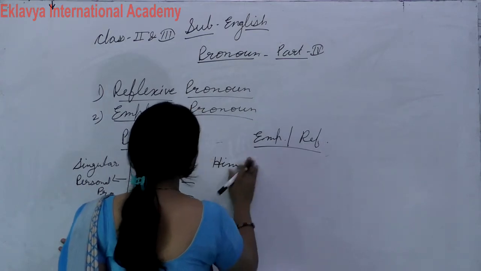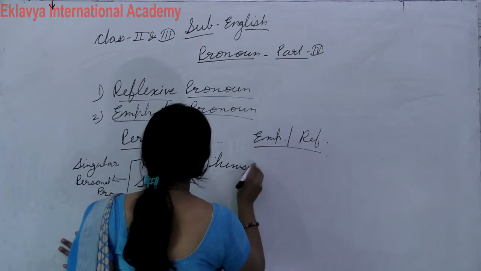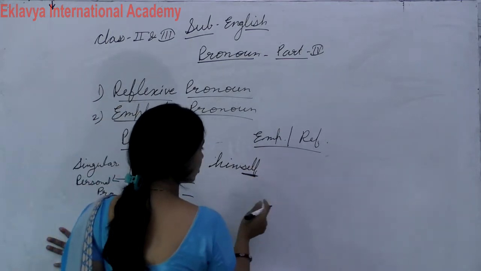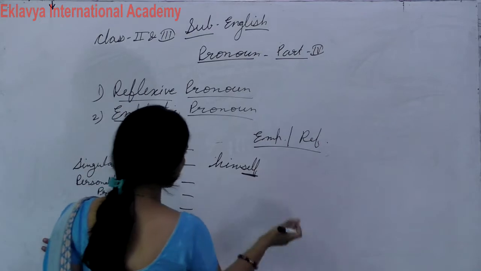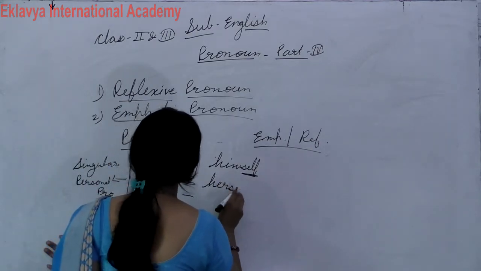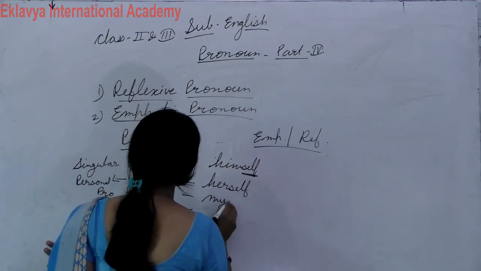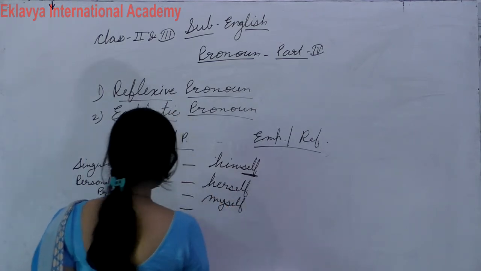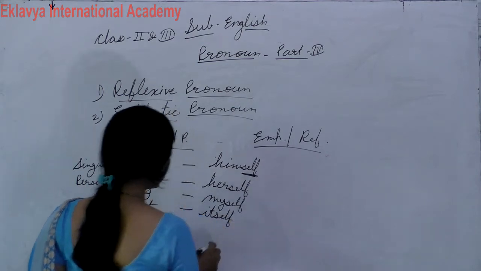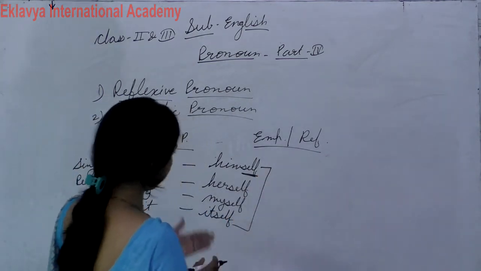Himself. Here we add s. So this is called a compound pronoun also. She, herself, and I, myself, it, itself. So these are reflexive and emphatic pronouns.